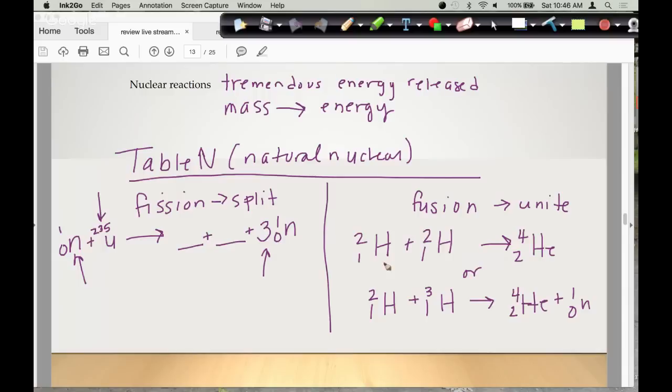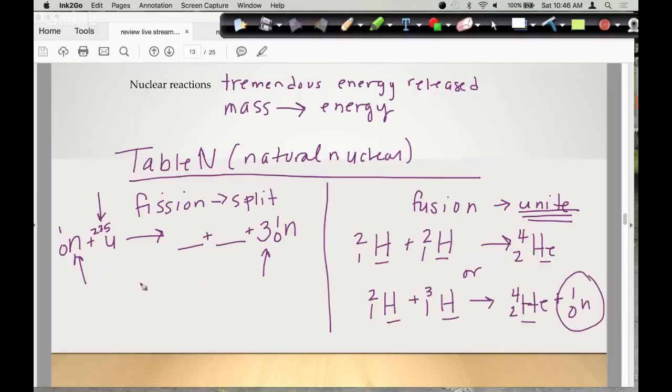So if it's ever fusion, it's usually H plus H makes He. Even if there's a neutron in the products, don't be confused. And because we are uniting in fusion and we're putting together nuclei that are of equal charge, we need tremendous energy and tremendous pressure to put them together because they repel each other.